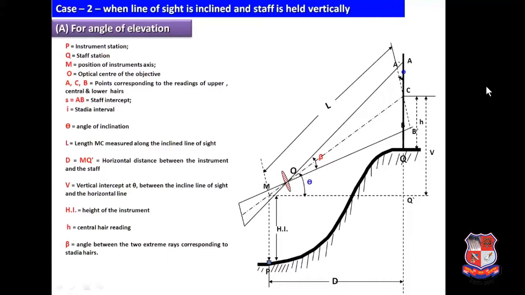In this lecture, case number 2, when the line of sight is inclined and the staff is held vertically on the staff station.